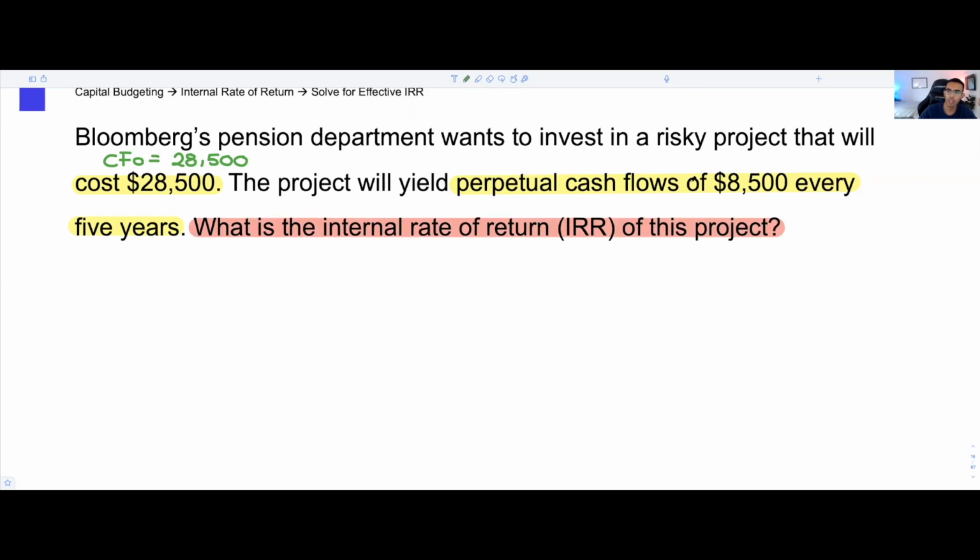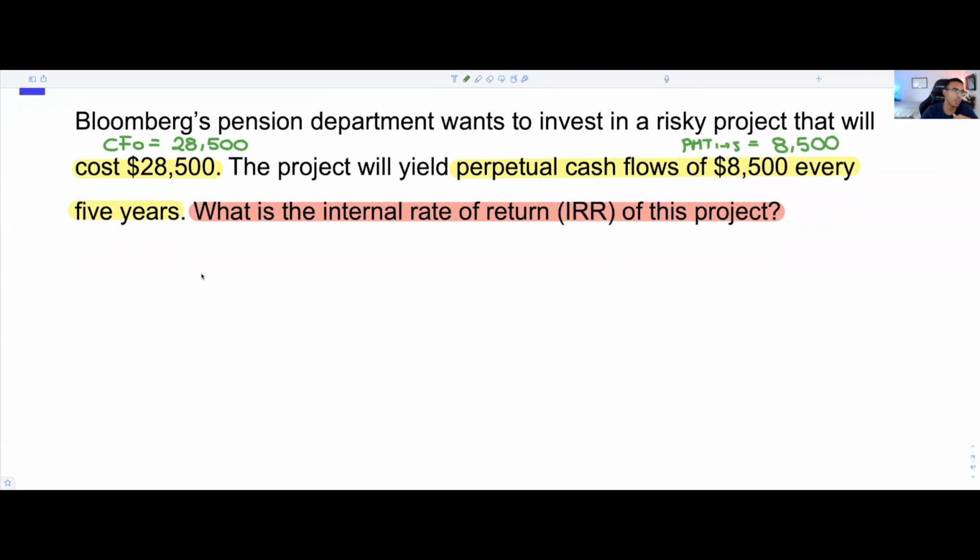All right. So in this case, you know that payment is equal to $8,500. Okay. I'm going to draw the timeline super quick, but I'm not going to be super exhaustive about it. What we're going to do is make it quick and easy.